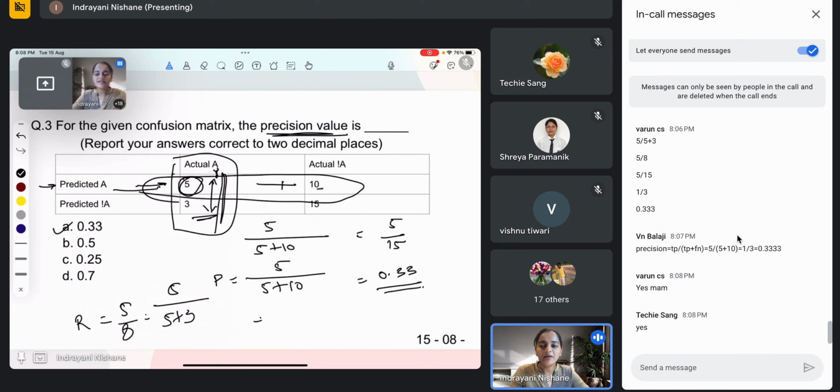It is like the simple meaning of recall. Recall is when you remember something, when you try to recall something. So recall is compared with the actual values, and precision is the way we are doing it.